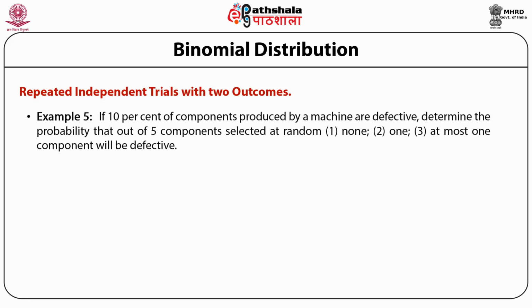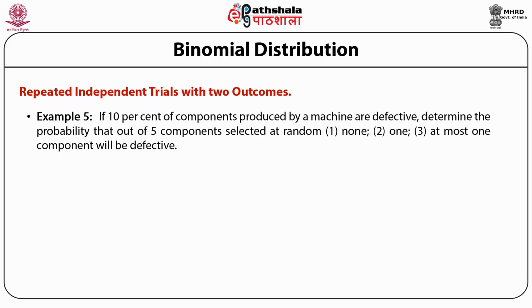Next example: if 10% of the components produced by a machine are defective, determine the probability that out of 5 components selected at random, first none, second 1, and at the most one component will be defective. So let me see how we'll do this question.